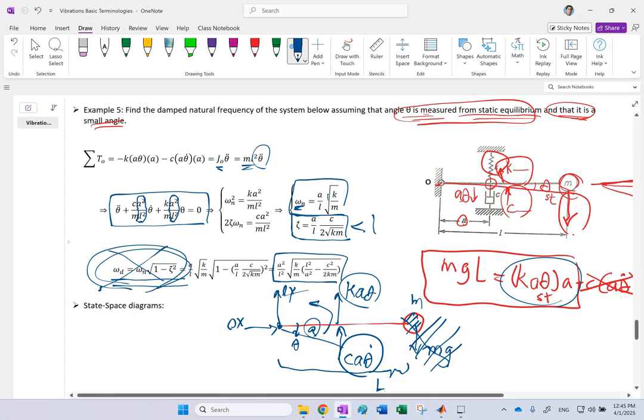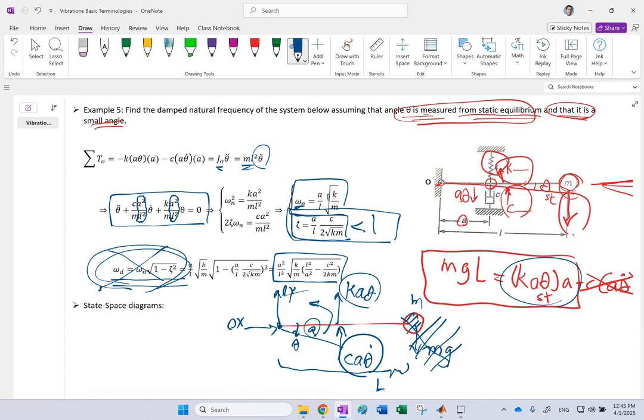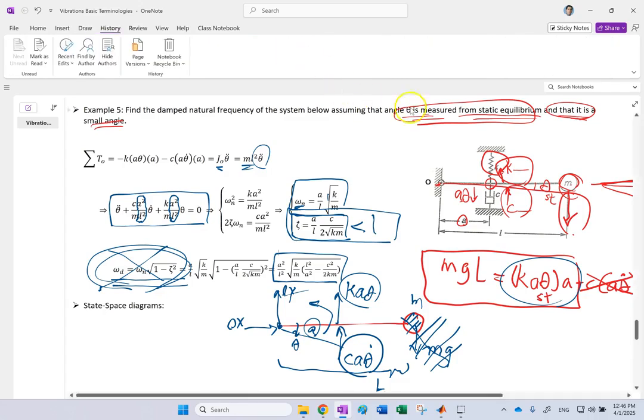So this has meaning if and only if this assumption is valid. You have to pick those numbers so that zeta is less than 1. Otherwise, it is not going to oscillate. It will be a critically damped or overdamped response. So hopefully this example is helping you.